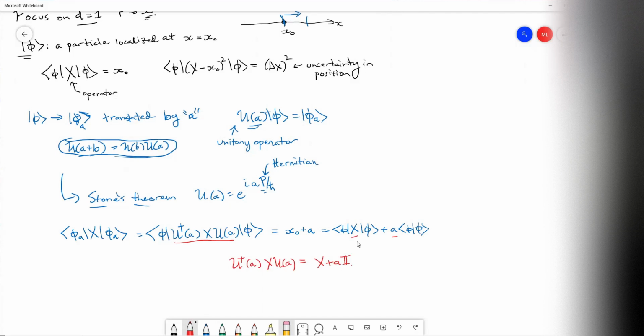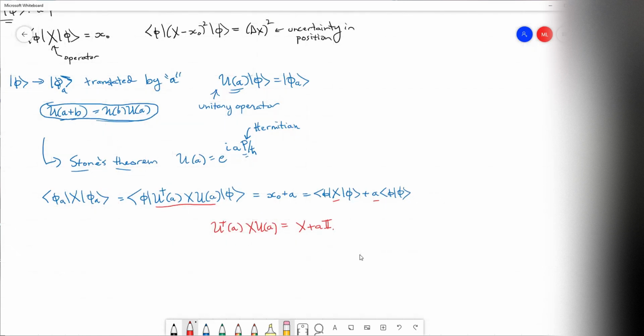And that's actually a version of the canonical commutation relation. You can even see that that's the case, because you can let a approach 0. Then you can start expanding these exponentials up here.